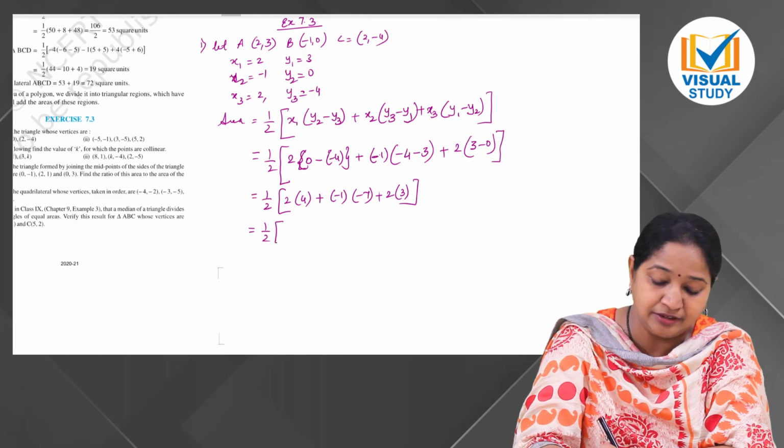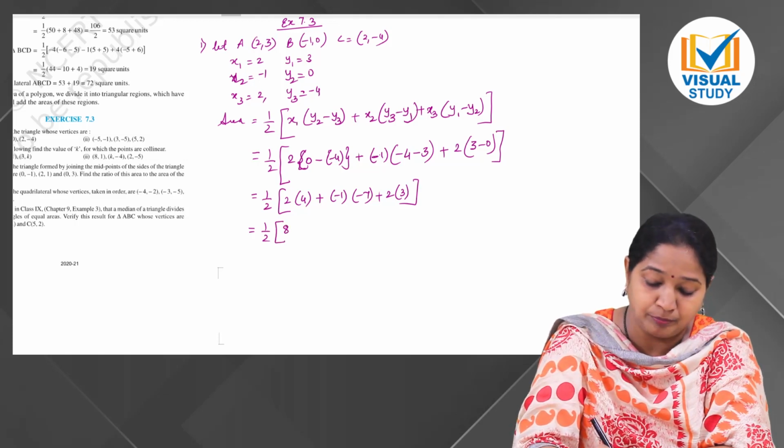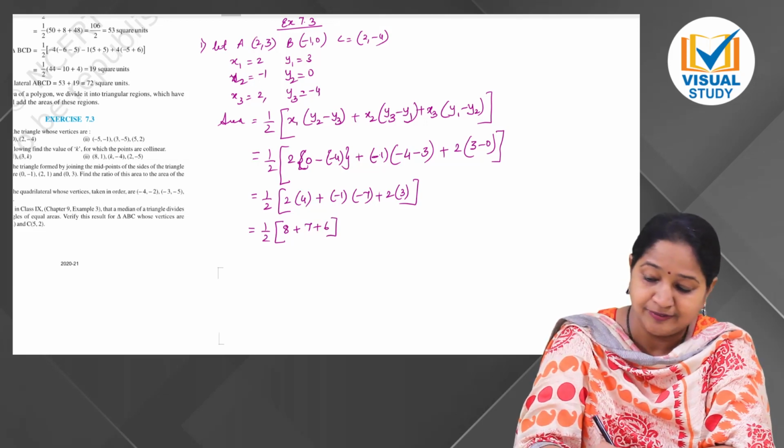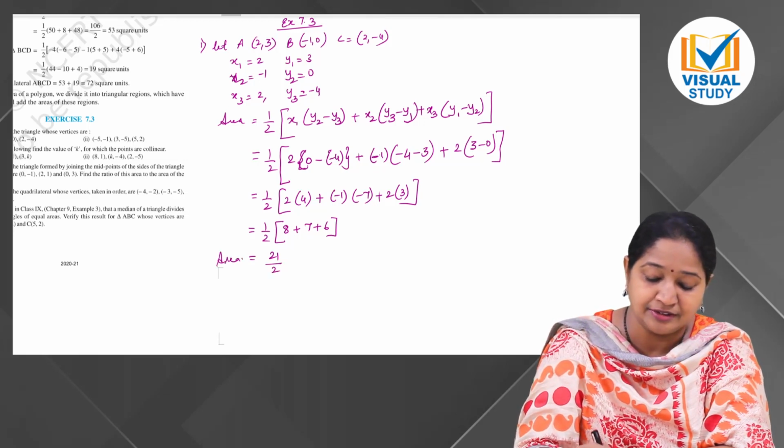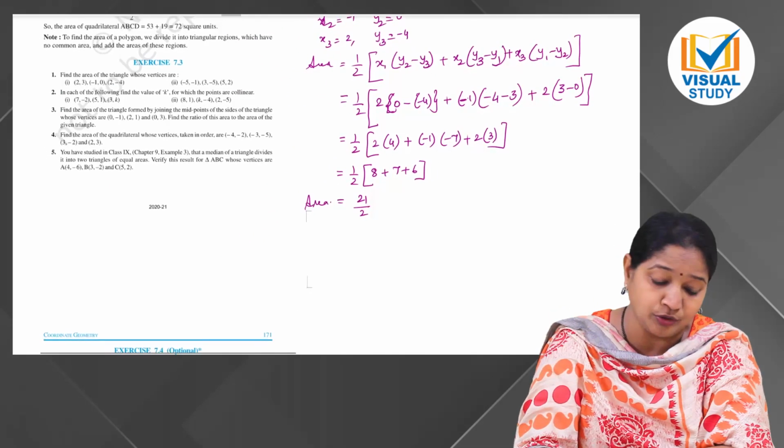Half, 4 plus 7 is 7, plus 6, and you get 21 upon 2. So the area of the triangle is 21 upon 2.